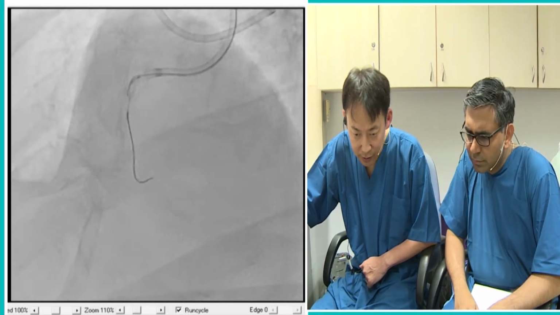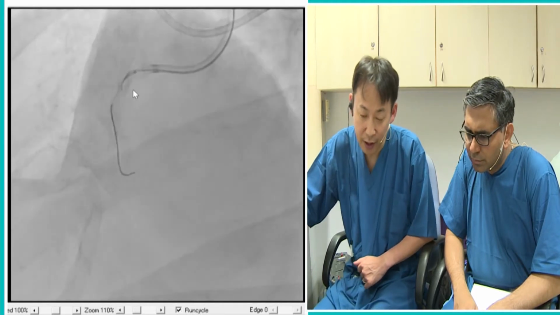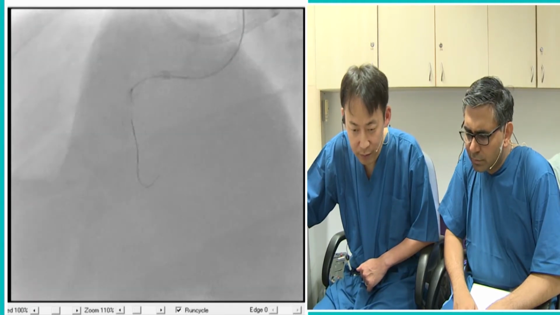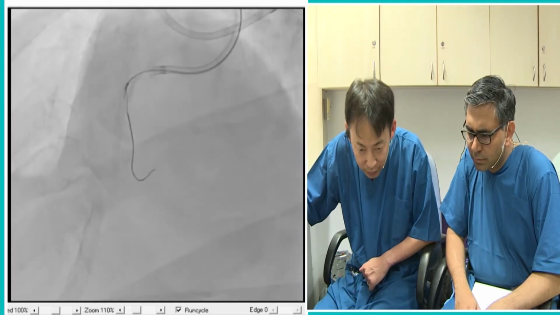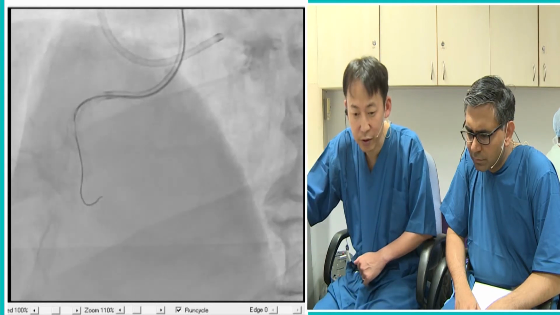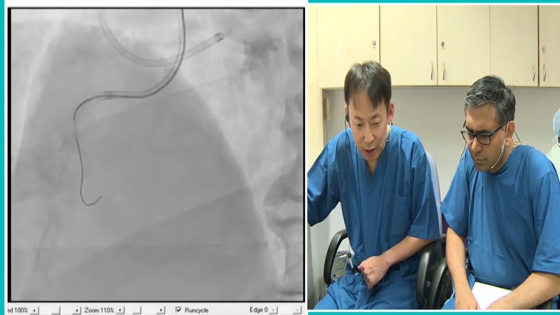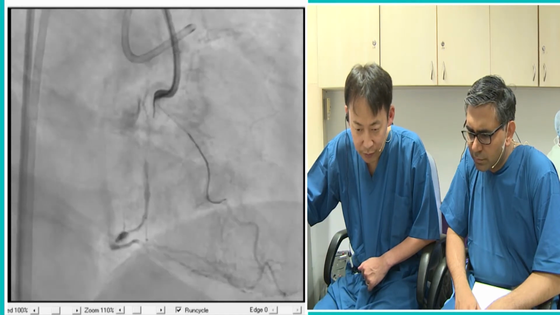And then I changed from the dual lumen catheter Sasuke to the microcatheter Corsair. So now Corsair is there, and I continue the wire channel negotiation.